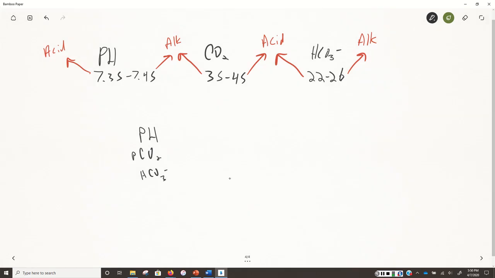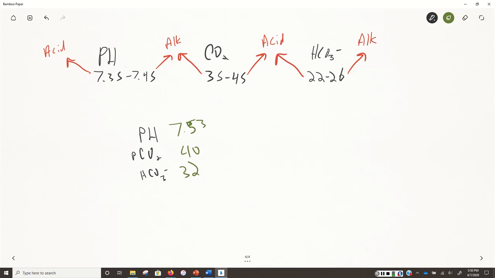Next, pH 7.53. That's a 5. PCO2 of 40. And bicarb of 32. Remember, look at our pH, nothing else, and see what does that tell us. Go ahead and try this on your own and see what we come up with.